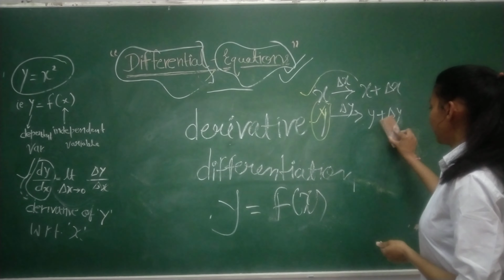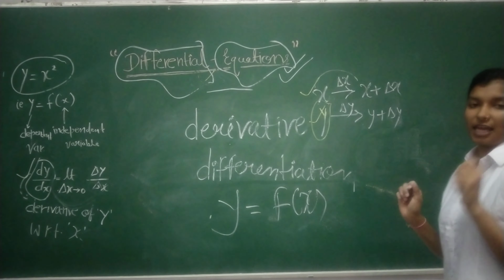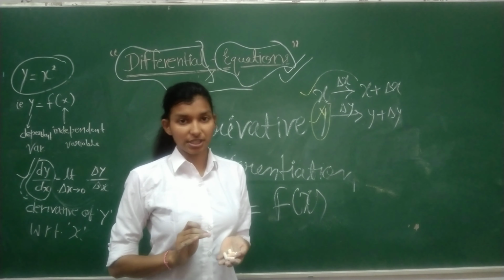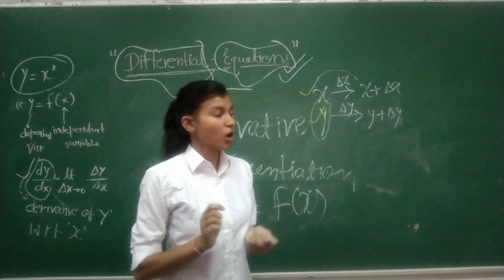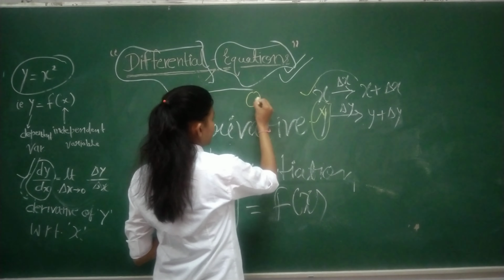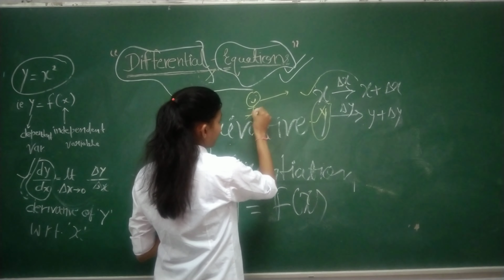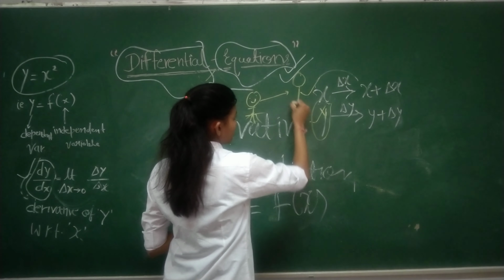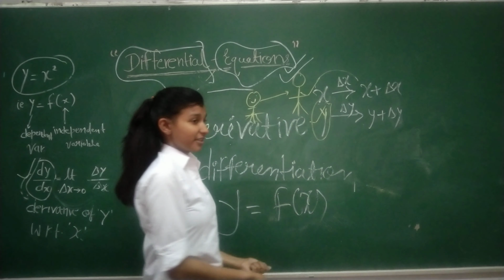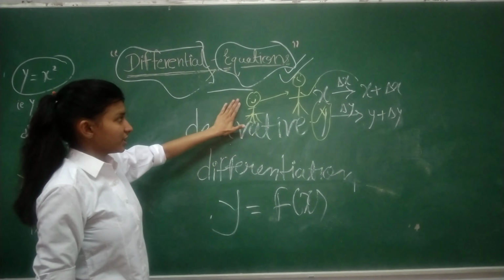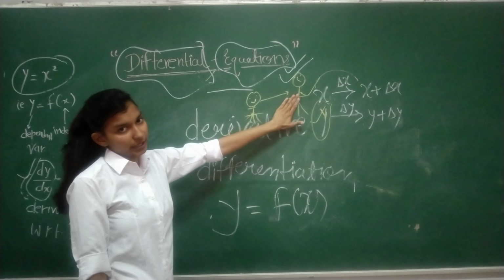For better understanding, let us take a real life example. Let us suppose we want to analyze the growth, or height, of a child over 1 year. Let us suppose this is the child and we want to analyze its height. So it is easy to notice that the height of the child increases 1 foot over a year.